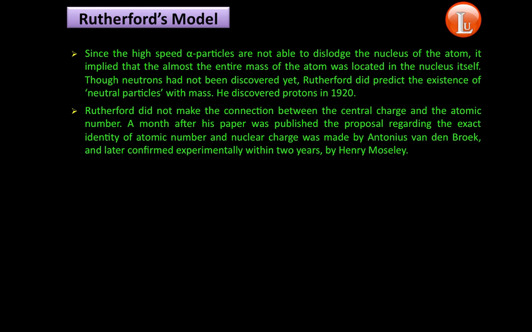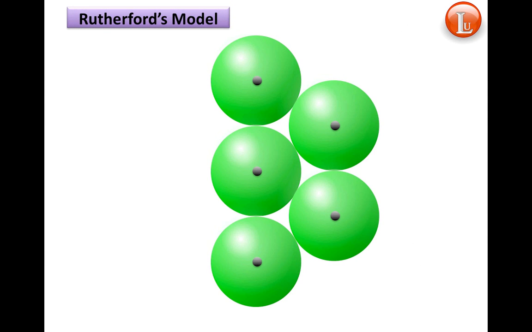Here we look at how the experimental results work fine with Rutherford's model of the atom. As we can see, the majority of alpha particles pass through the atoms while some suffer small deflections.